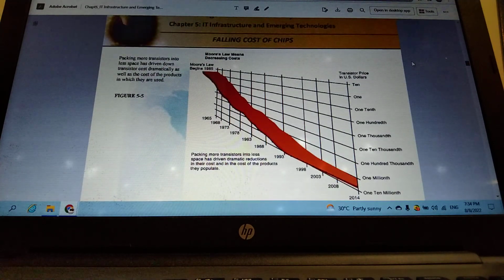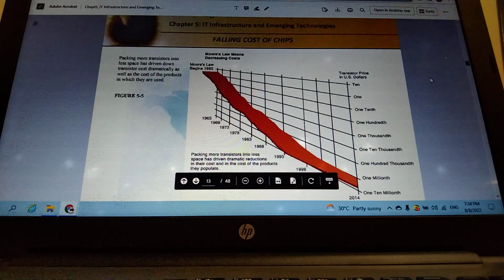What you can see on the next slide is the falling cost of chips. As we all are aware, the price of chips or microchips is getting cheaper and cheaper in terms of US dollars. Just for your knowledge, if you are interested, you can zoom into more details.